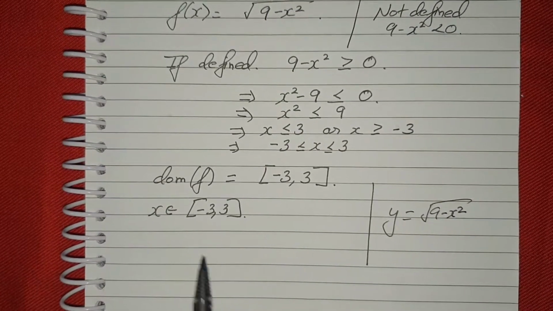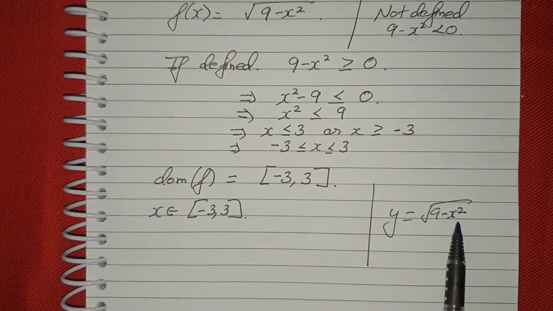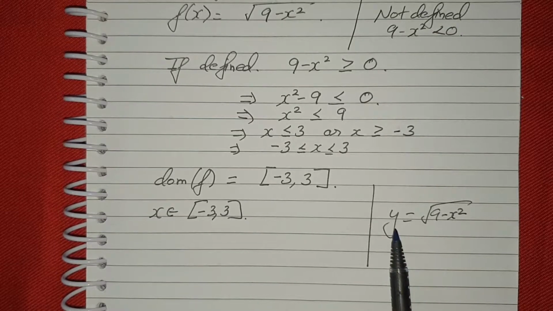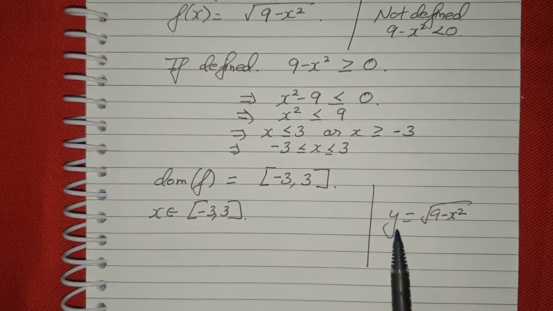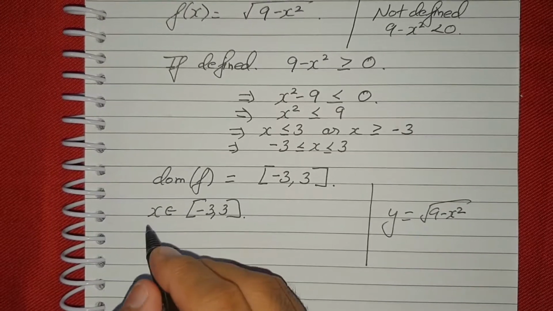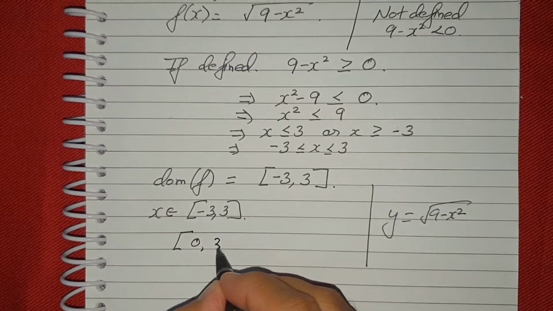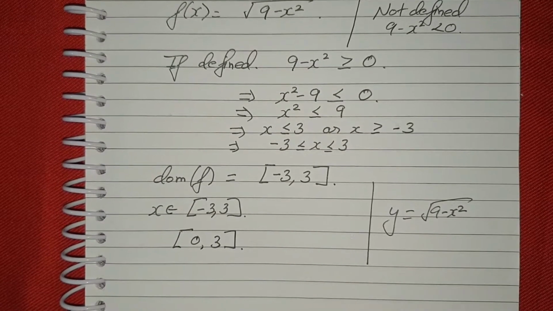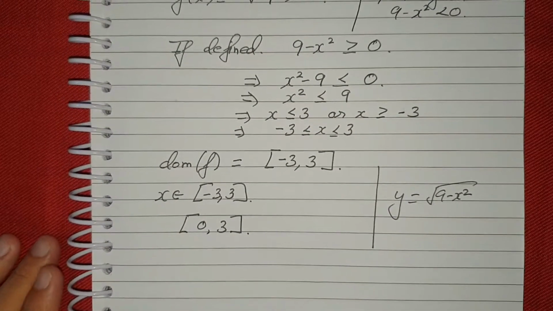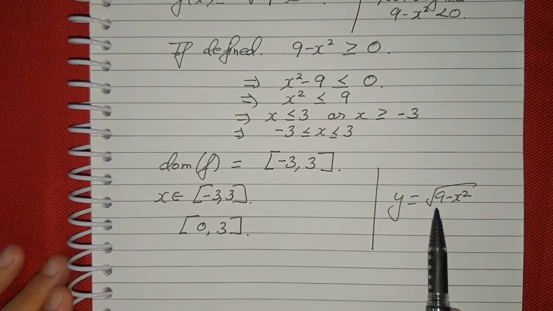So if we substitute the values between minus 3 and 3 over here, what is y? y will have values only in the interval [0, 3].